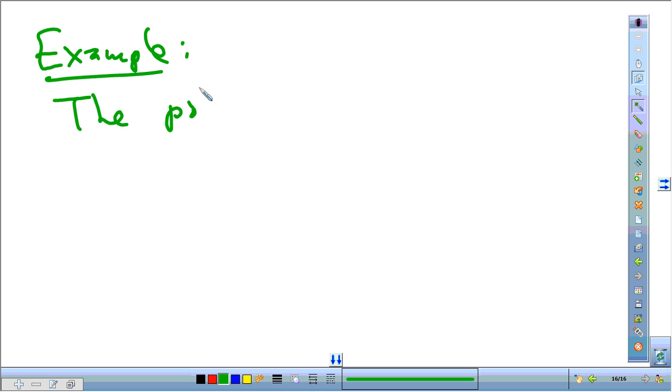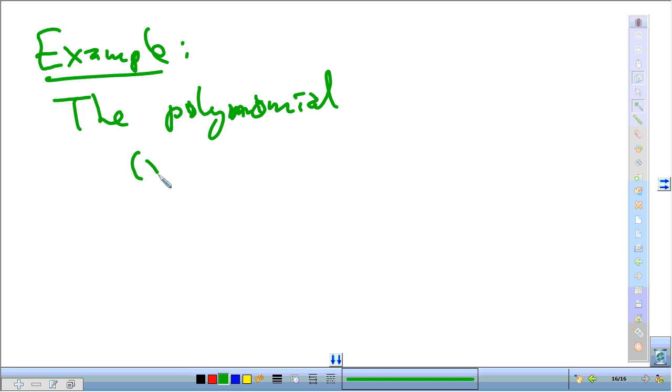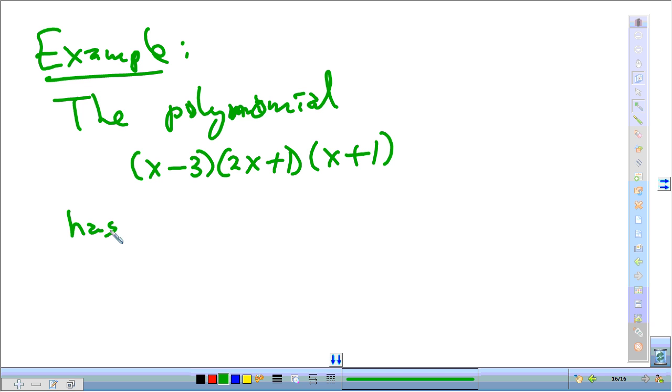So if I take a polynomial in the factored form here of x minus 3 times 2x plus 1 times x plus 1, it has the roots 3, minus a half, minus 1.